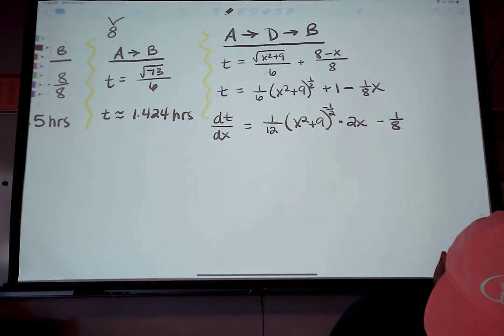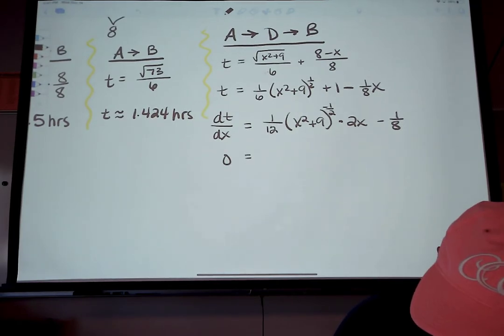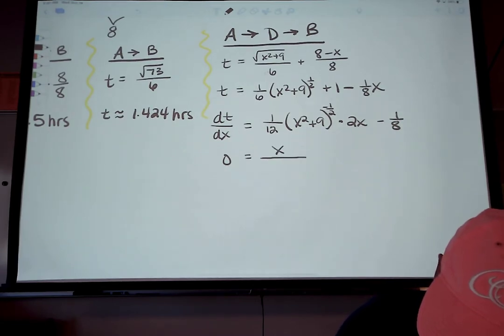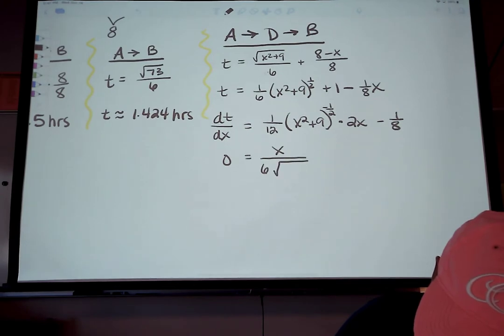Okay. I'm going to go ahead and set it equal to 0, and I'm going to simplify what I can. So 2 over 12, there's an x on top. There's a 6 and a radical on the bottom. Minus 1/8.